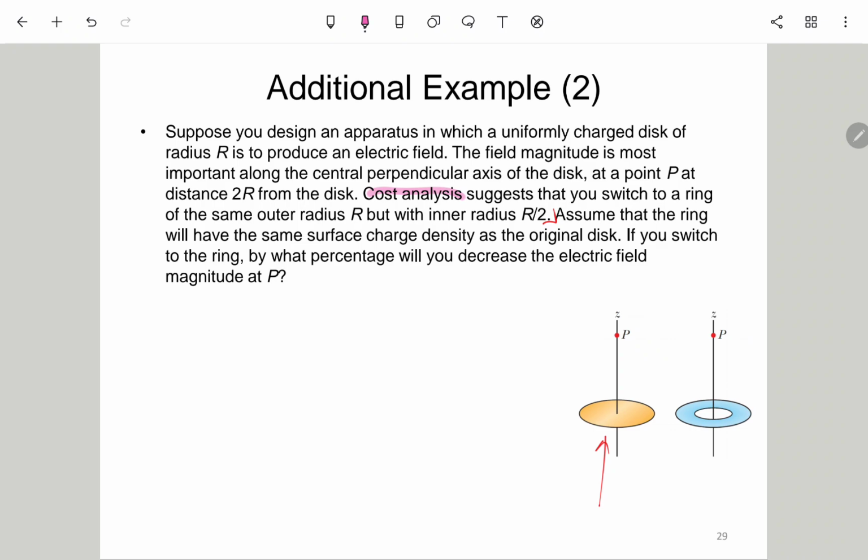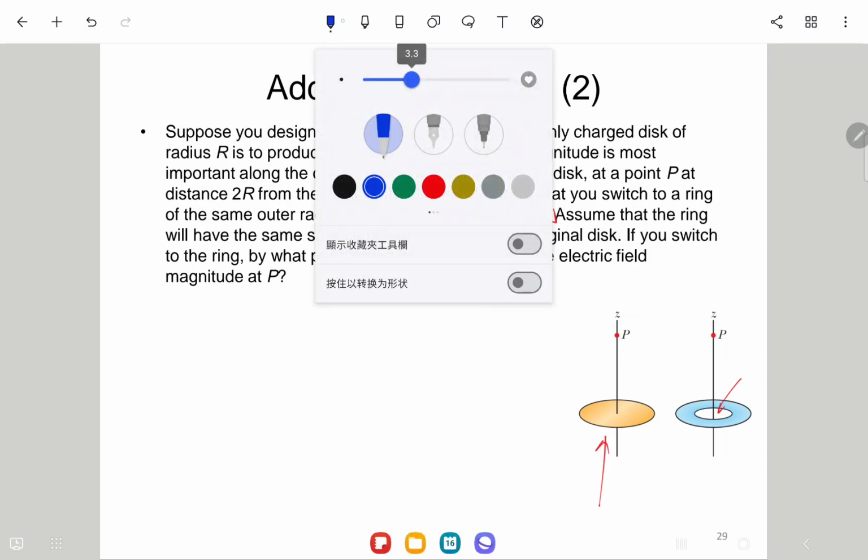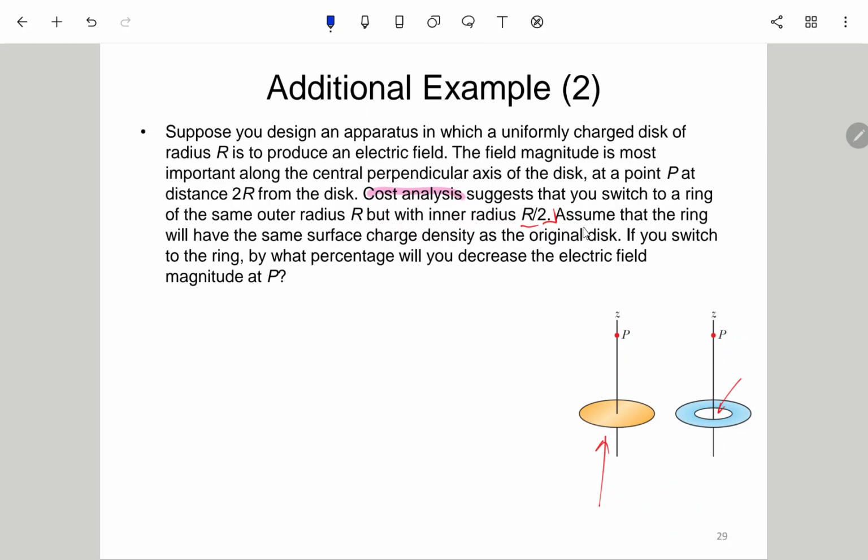So it said that we would like to remove the inner part of the circle, up to r over 2. So here, assume that the ring will have the same surface charge density as the original disk.